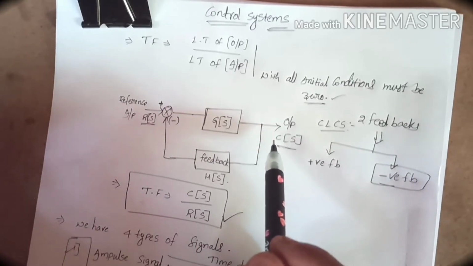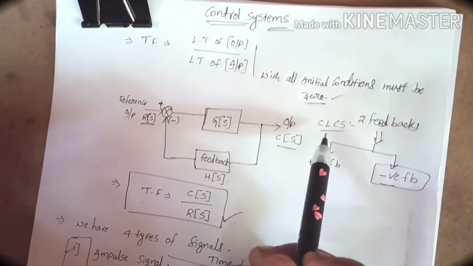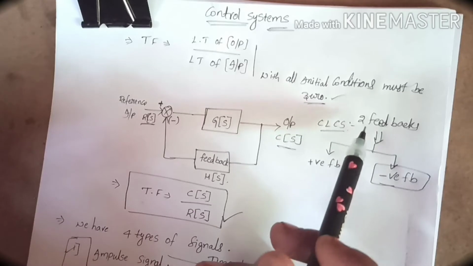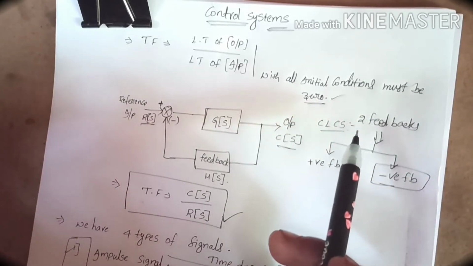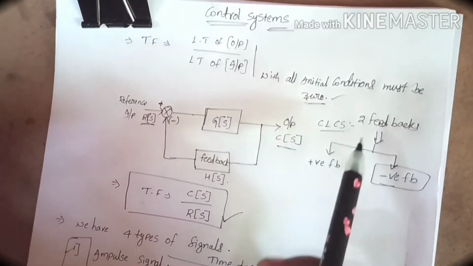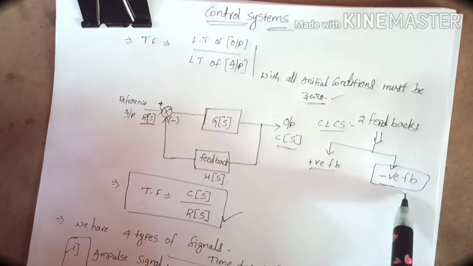In the last class we discussed open loop control system and closed loop control system. Mainly, in some cases, we are using closed loop control system. In closed loop control systems, we have two feedback systems. What are the two feedback systems? One is the positive feedback system, the second is the negative feedback system.